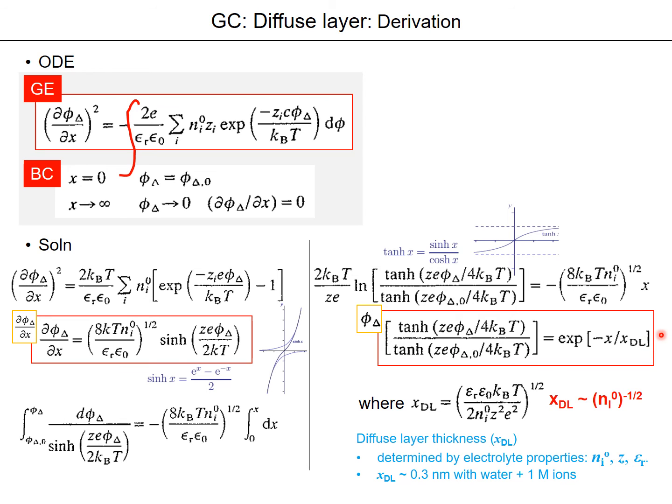It is called XDL, the thickness of the diffuse layer.